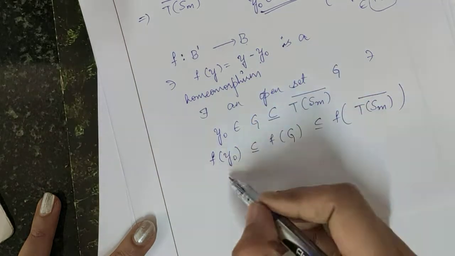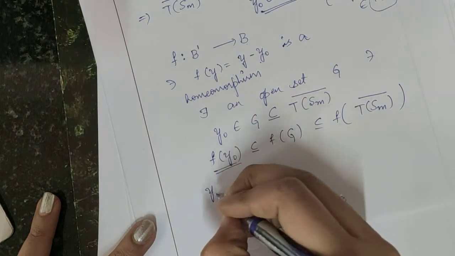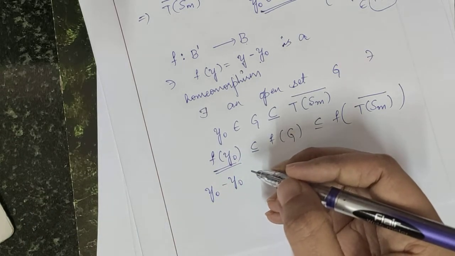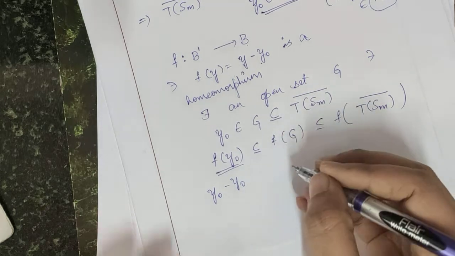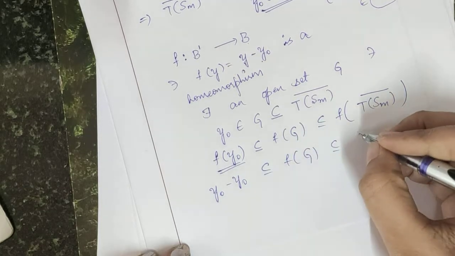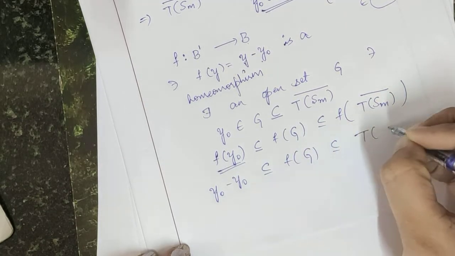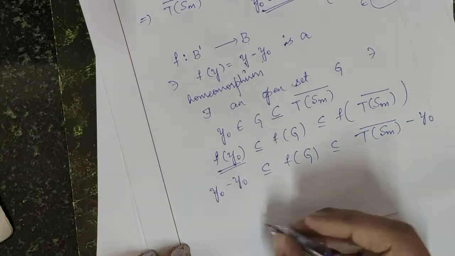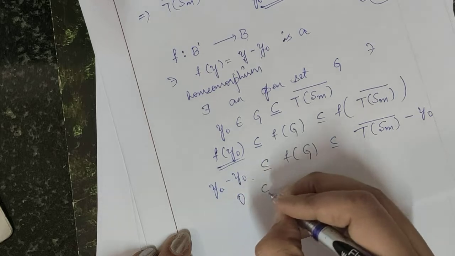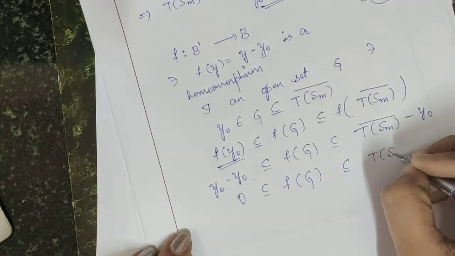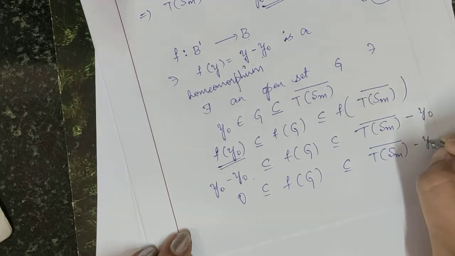From this mapping you can write f of y0 as y0 minus y0, and this is a subset of f of G, which is a subset of T of Sm whole closure minus y0. Y0 minus y0 is 0. So 0 is a subset of f of G, and this is a subset of T of Sm whole closure minus y0.